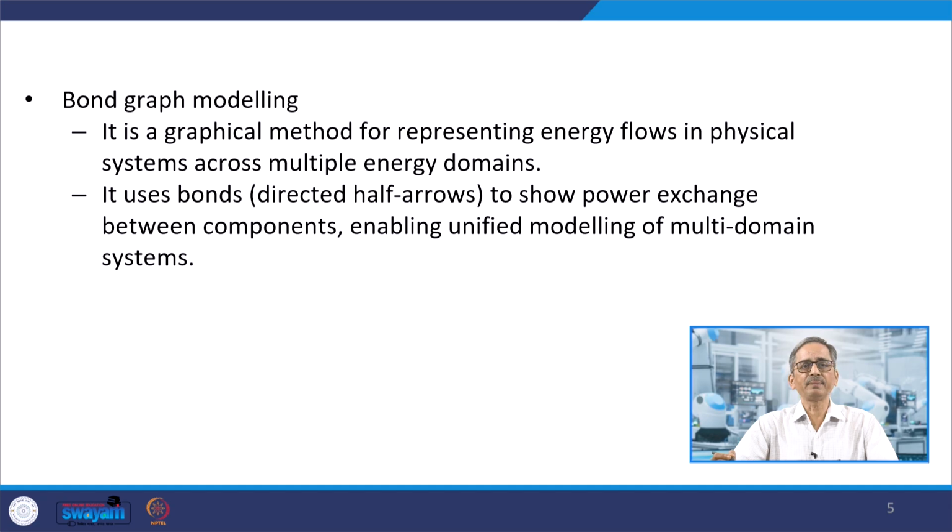This method uses bonds, which are nothing but directed half arrows, to show how the power exchange between the components takes place, and this way it unifies the modeling of multi-domain systems. The advantage of this method is that the system equations you get are first order differential equations, so it is easy to solve them.